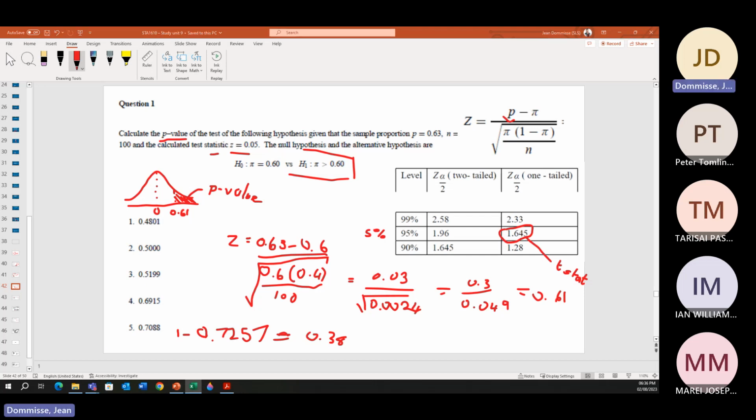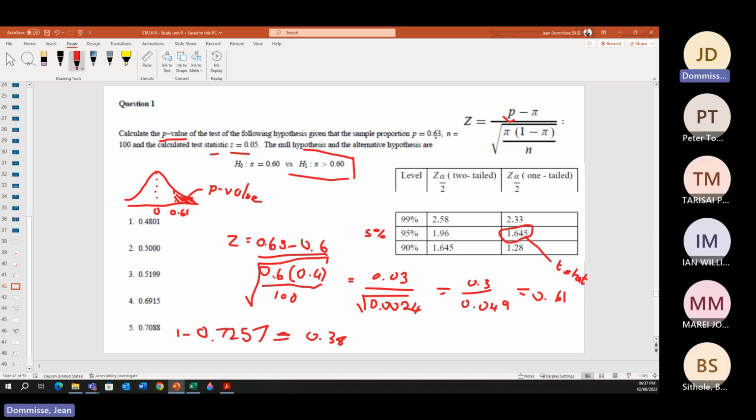I just want to see what have I done wrong here. So that is 0.03. 0.6, 0.4.